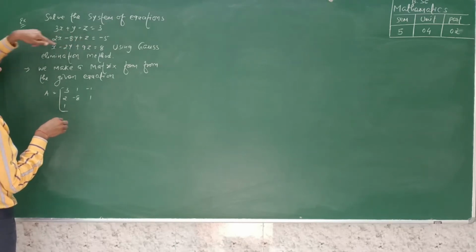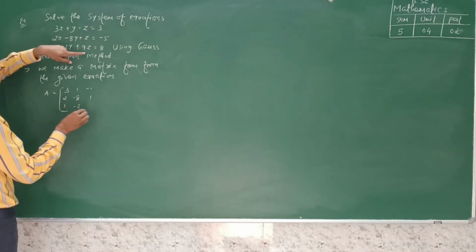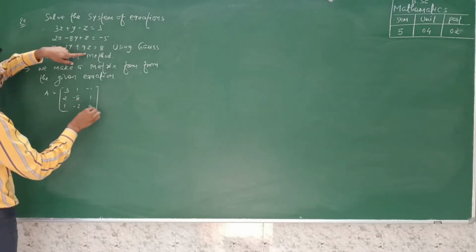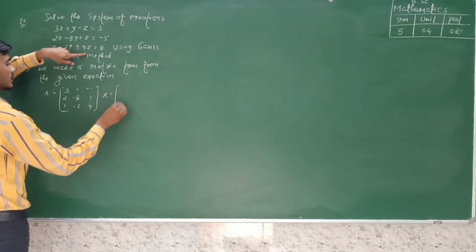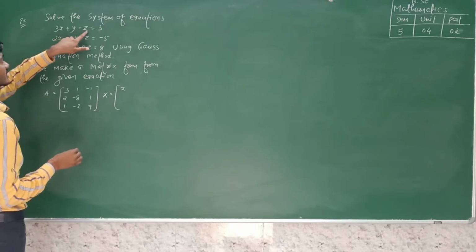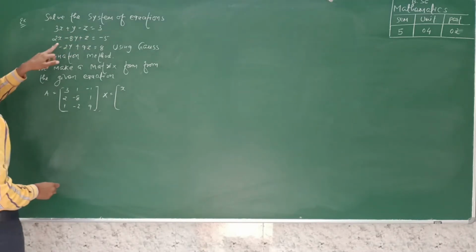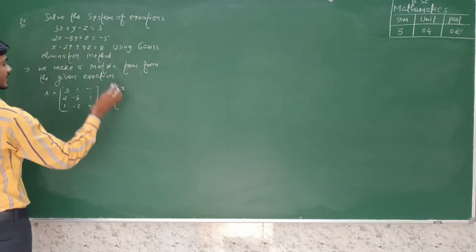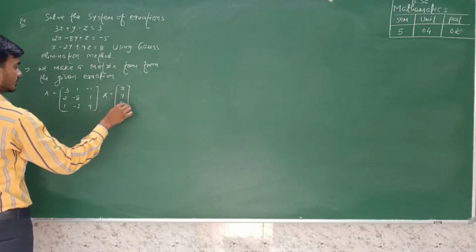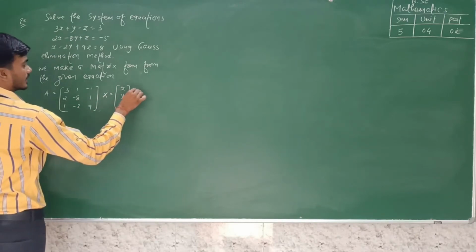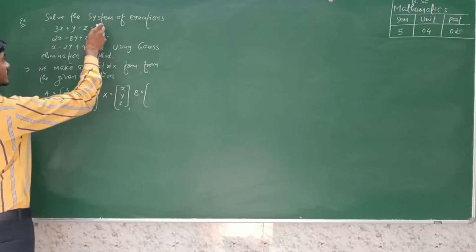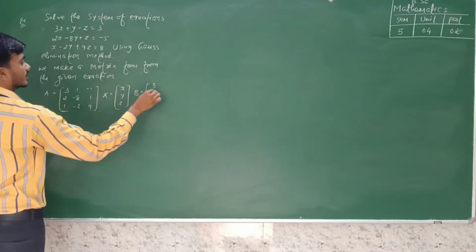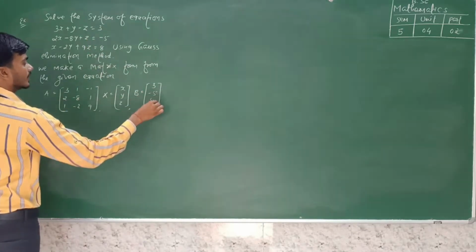Coefficients of the third equation: 1, minus 2 and plus 9. X is equal to the three unknown variables which we find by using this method, x, y and z, and b is equal to 3, minus 5 and 8.